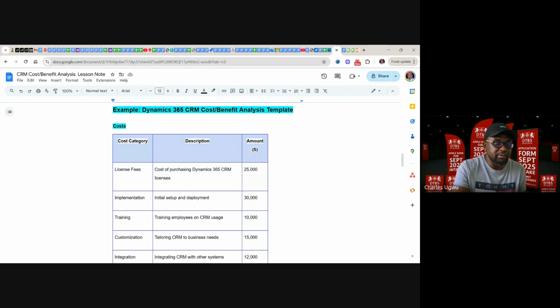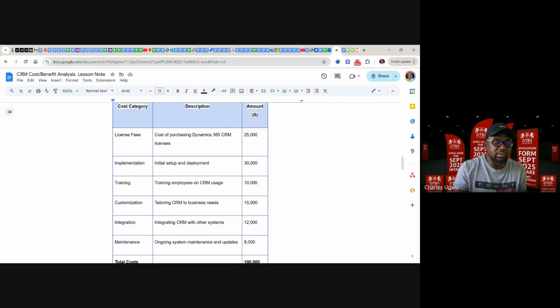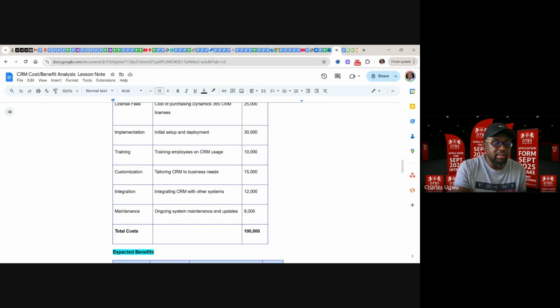Training of employees on CRM usage, you can say 10,000. Customization, tailoring CRM to business needs, 15,000. Integration, integrating the CRM system with other systems, 12,000. And then maintenance, that is ongoing maintenance services and updates, say 8,000. If you sum it up, you get 100,000. That is the total cost.